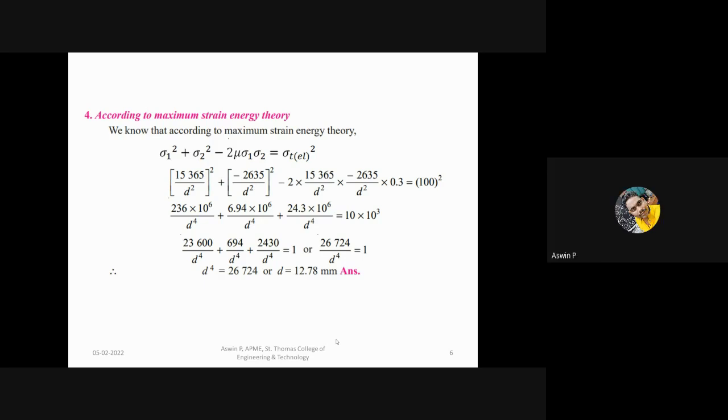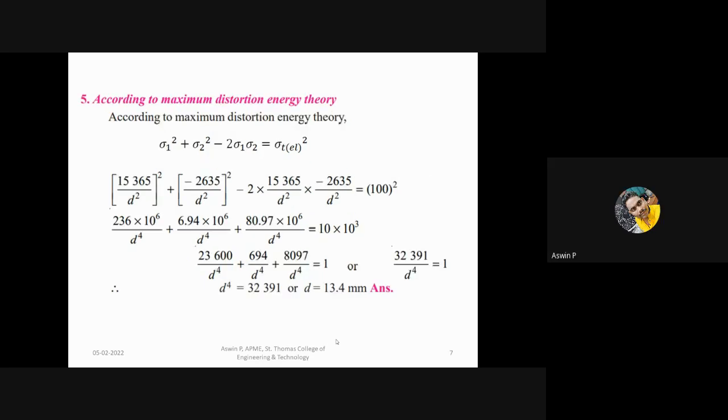Okay. Then you need to do the next calculation, that is according to maximum distortion energy theory. The equation is given by sigma 1 square plus sigma 2 square minus sigma 1 sigma 2 is equal to sigma yield squared. This equation also has another form, that is sigma x square plus sigma y square minus sigma x sigma y plus 3 tau xy square, which you have written in the last class.